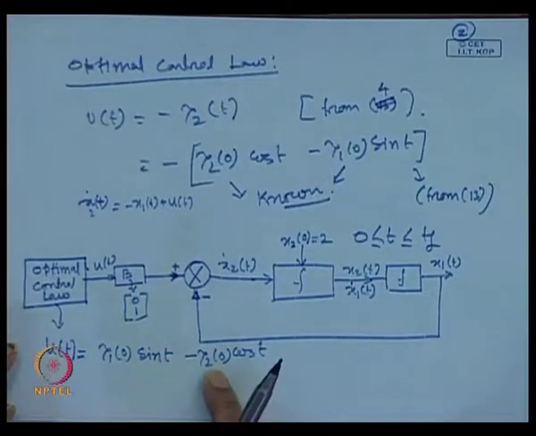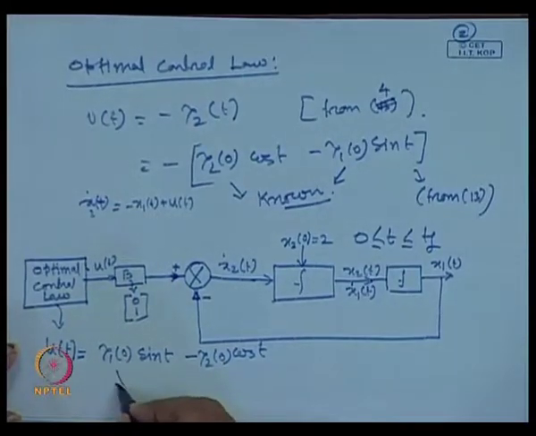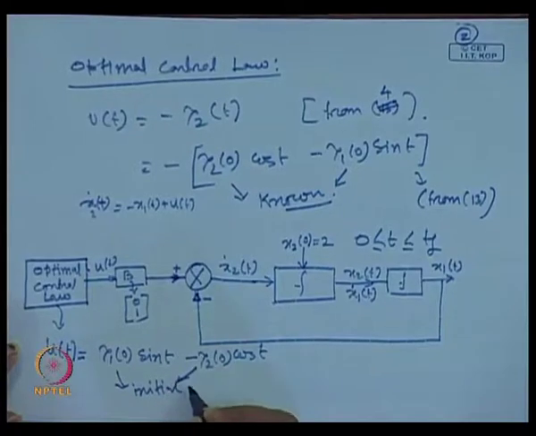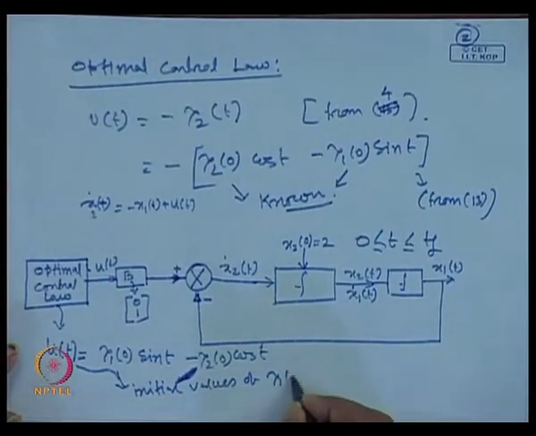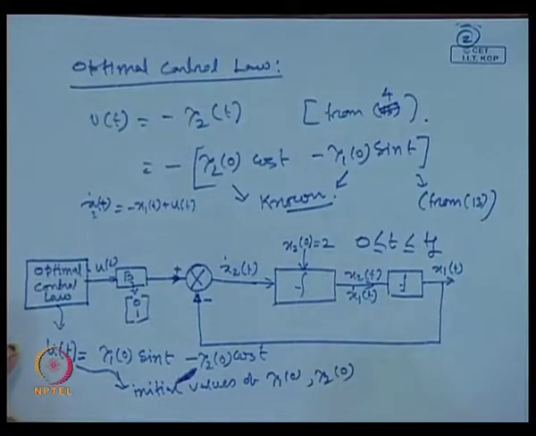So the optimal u depends on the initial values of lambda 1 0 and lambda 2 0.